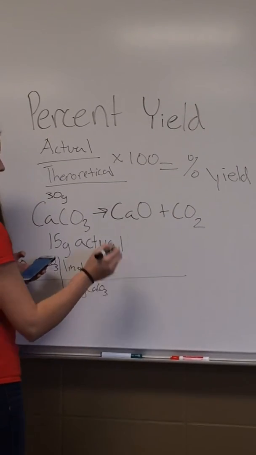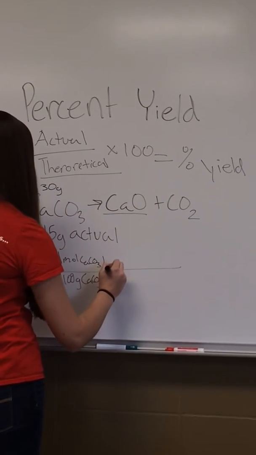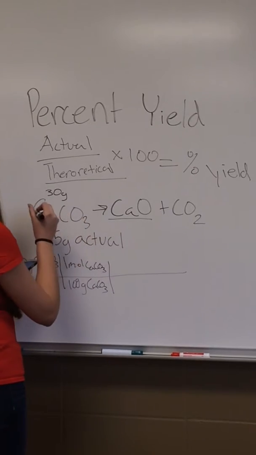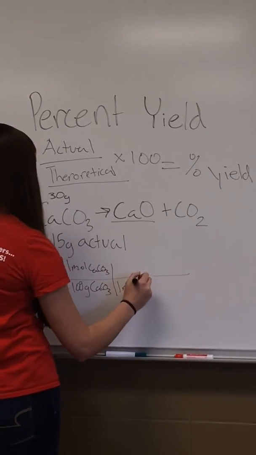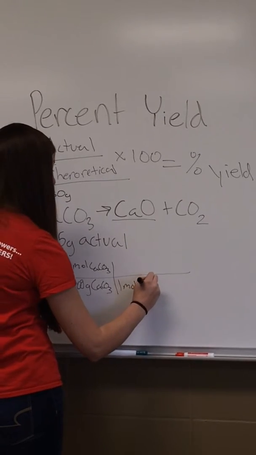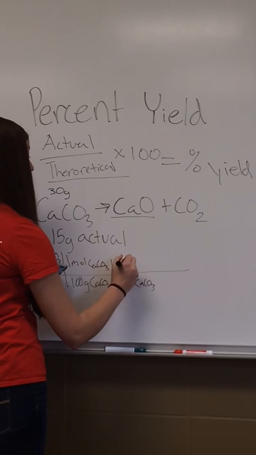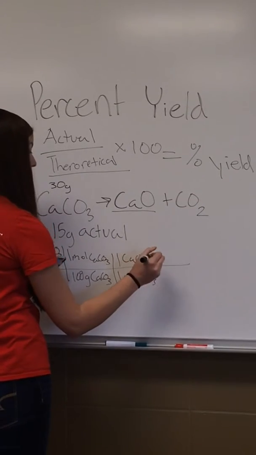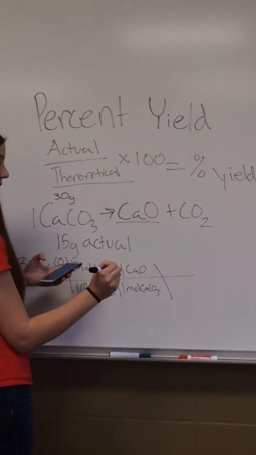Then we want to convert it to moles of CaO. So in the equation we have 1 mole of CaCO3 and 1 mole of CaO. Then the last thing is converting that to grams.